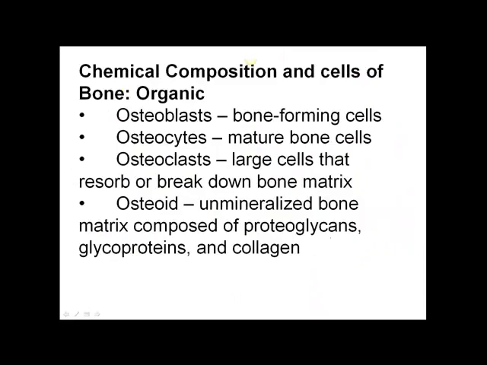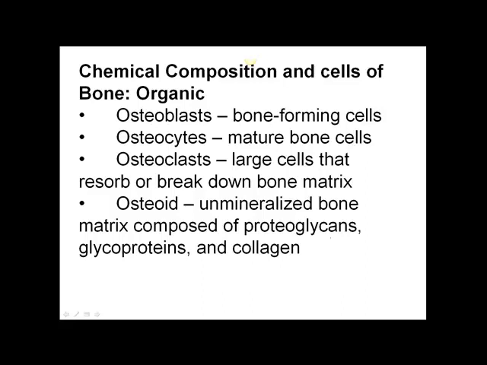It's that simple. So the chemical composition and the cells of bone. So we have these three bone cell types. The osteoblasts are the bone-forming cells. The osteocytes are the mature bone cells. The osteoclasts are large cells that resorb or break down bone matrix.